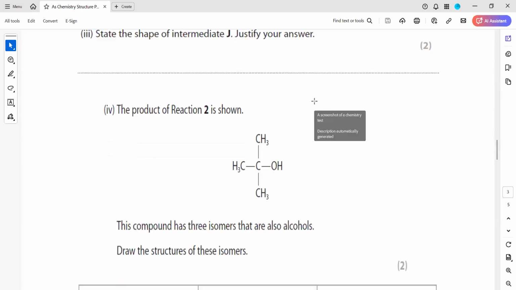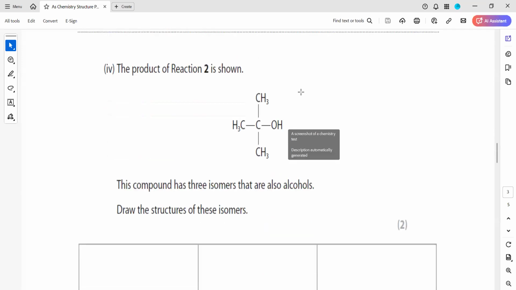The product of reaction 2 is shown. So when reaction 2 occurs, this is the product shown. This compound has 3 isomers.